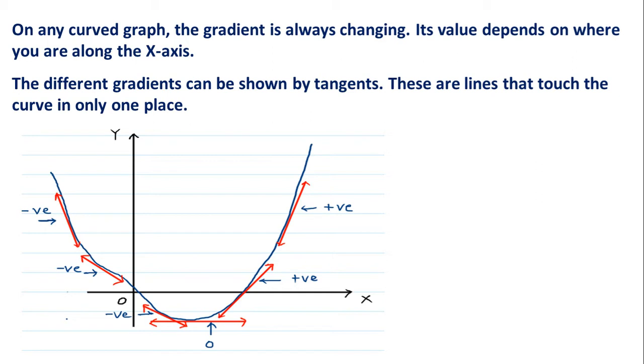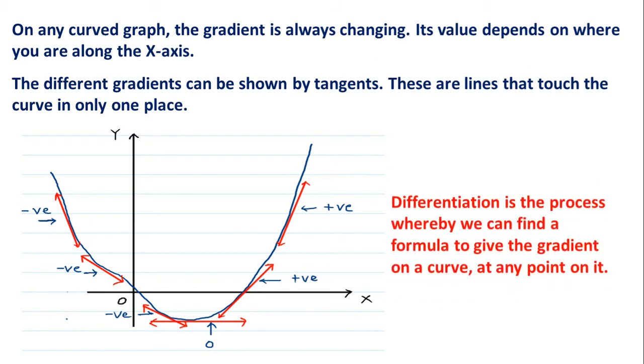Okay, so now we will find out the expression to get the slope of the tangent at any point on the curve. So differentiation is the process whereby we can find a formula.